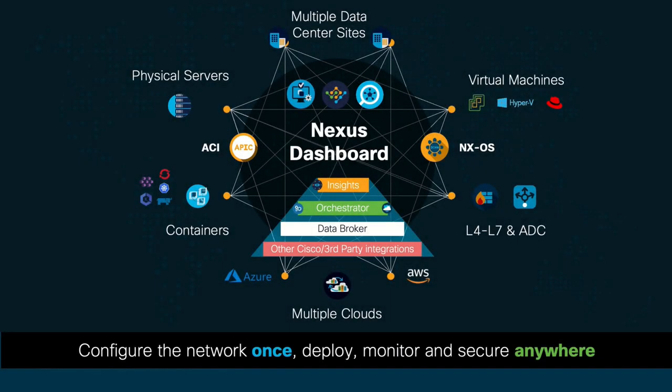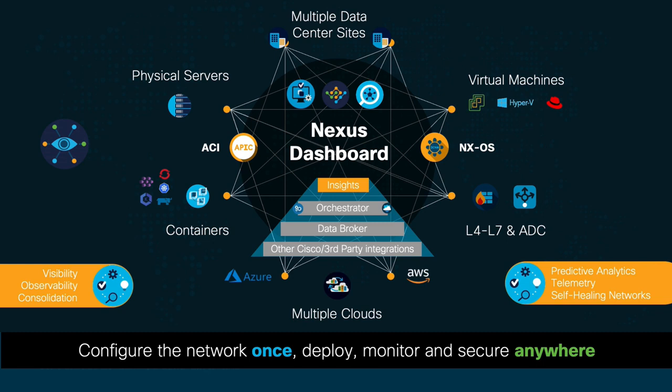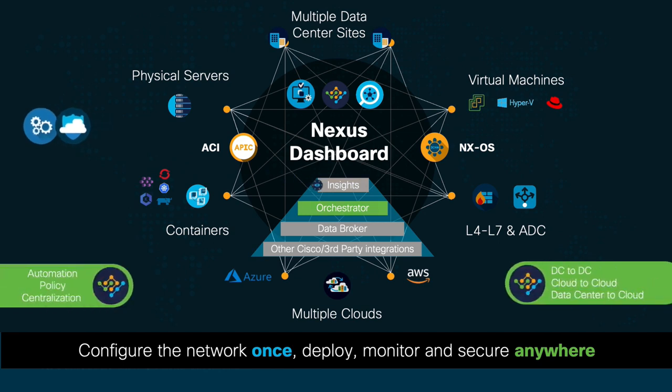There are multiple services and integrations that can be enabled on Nexus Dashboard, such as Insights, which provides consolidated visibility for all your sites and delivers a smart correlation with predictive analytics and self-healing networks. Or Orchestrator, which automates data center interconnect and cloud interconnect across sites with a single and consistent policy model.